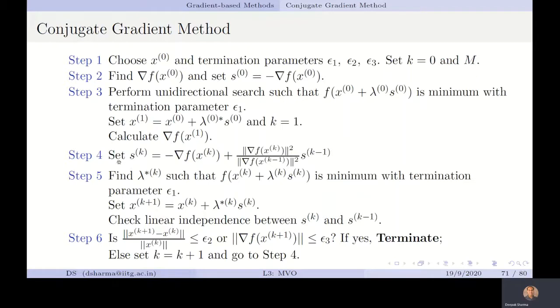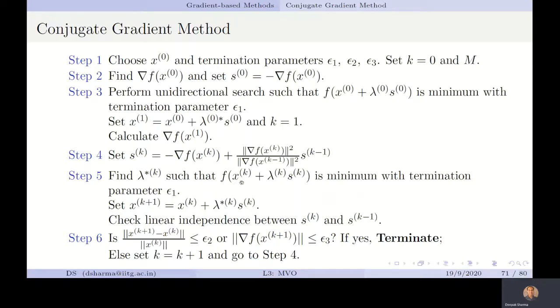In step 4, we find the direction SK, which is the conjugate direction, with the formula which we have discussed in the previous slide. As soon as we get SK, in step 5, we have to again perform the unidirectional search.